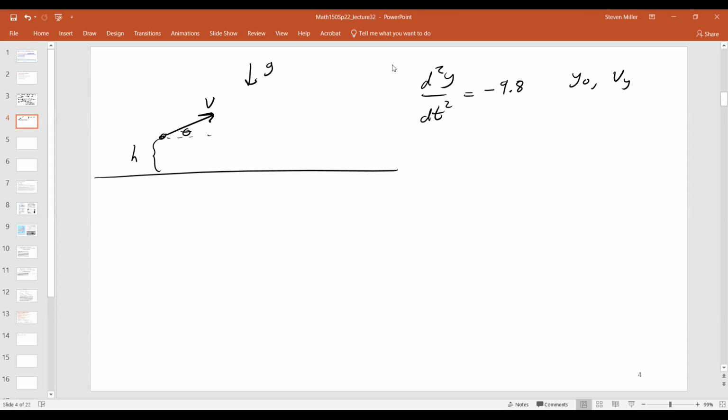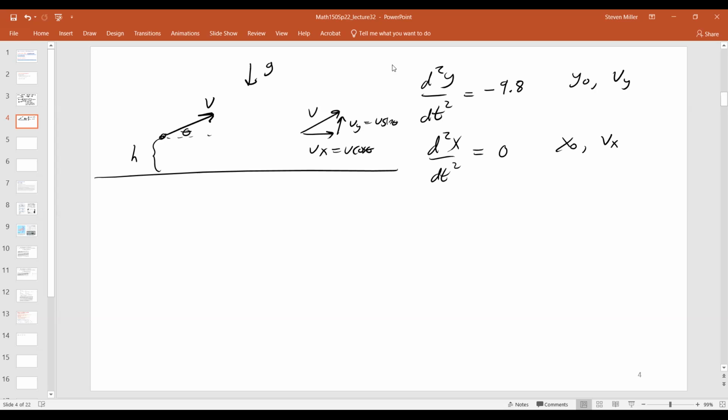And so I can write v as v sub x and v sub y. And this is going to be v cosine theta, and this will be v sine theta. And then I would have d squared x dt squared. What's the force in the x direction? Zero. And then I would have my x initial condition and my x initial speed.